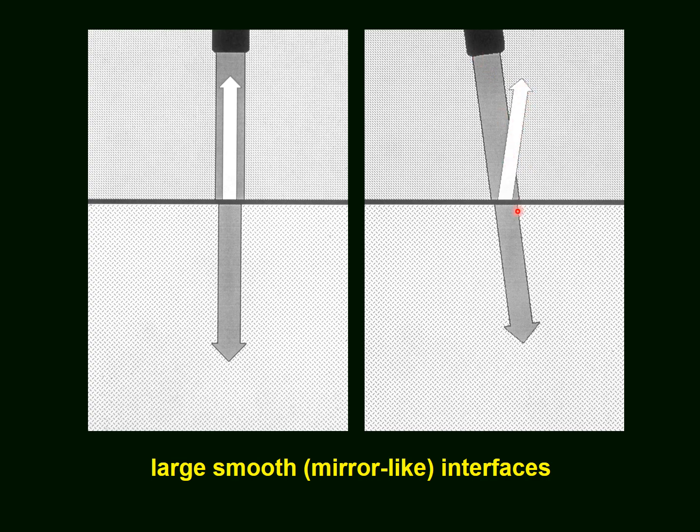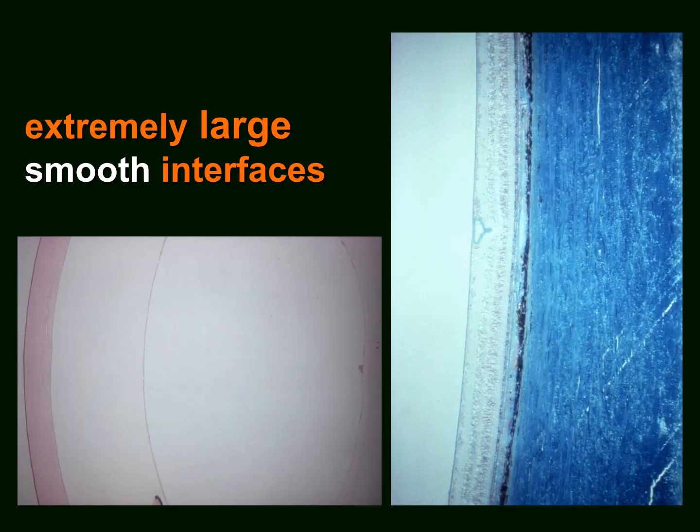We cannot see this interface in this sound beam direction. And extremely large, smooth interfaces of this kind are the two corneal surfaces, the two lens surfaces, and the retinal surface. They are smooth and behave this way.